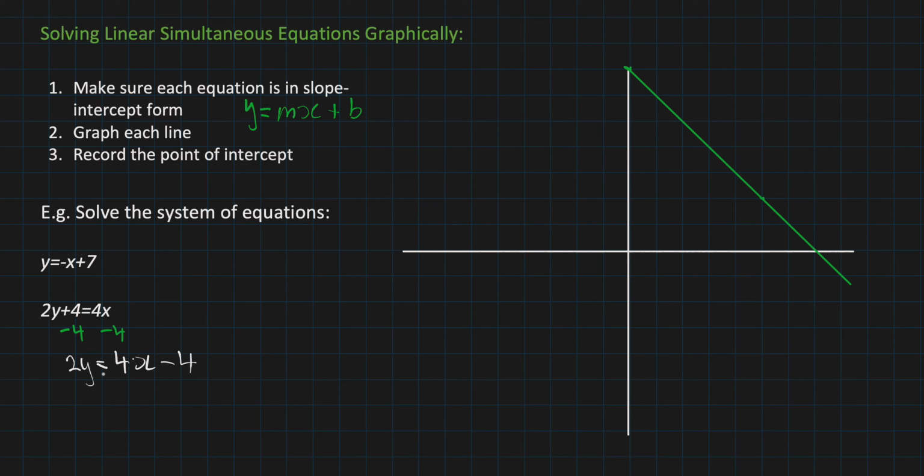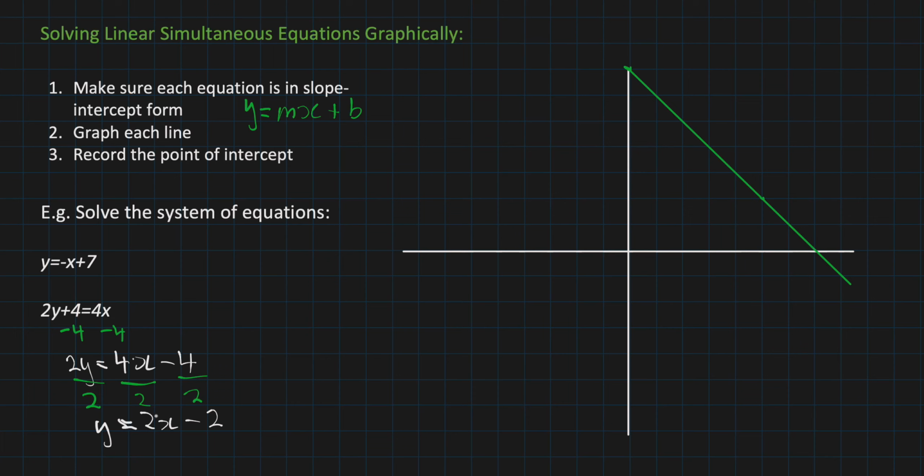Make sure that's an equal sign. And then we can divide by 2. Remember, whatever you do to one side, you have to do to each term if we're dividing or multiplying. So we end up with y is equal to 2x minus 2. Much easier to graph there.